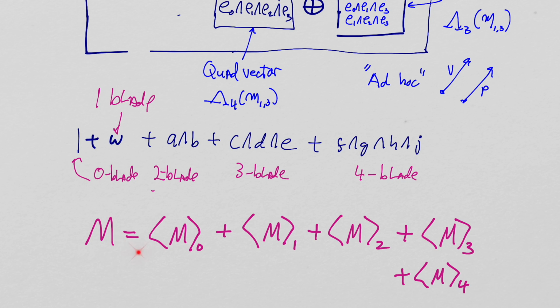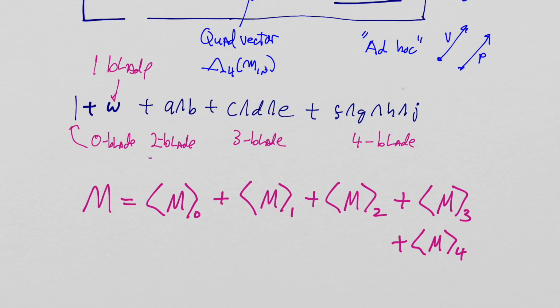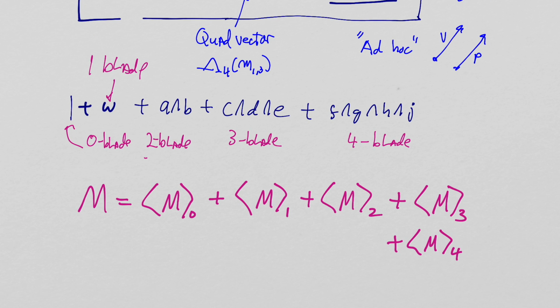And we can take the space-time product of any multivector with another multivector. So if I had another multivector, which I'll call, say, capital N, I can create the space-time product of M and N, right? Just by putting them next to each other. And by linearity, this is very easy to take apart.